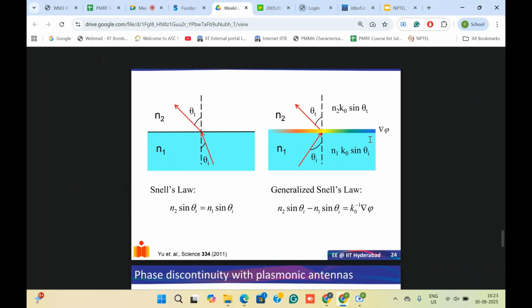So then we should say that the gradient of phase, that is d phi by dx. So if we have the antenna, we can create the phase and there is a periodicity associated with this d phi by dx. So what will happen?